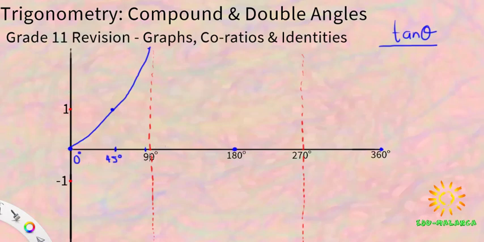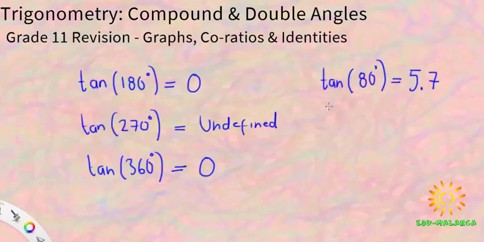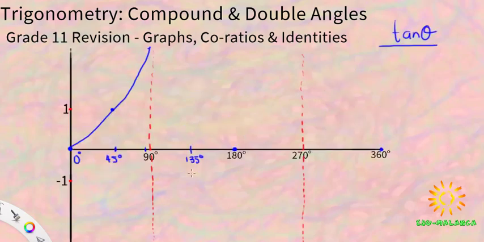Let's come now between 90 and 180. Again, we'll choose the halfway point, and that is 135 degrees. So we'll put into our calculators the tangent of 135 degrees, and we find that it's equal to -1.